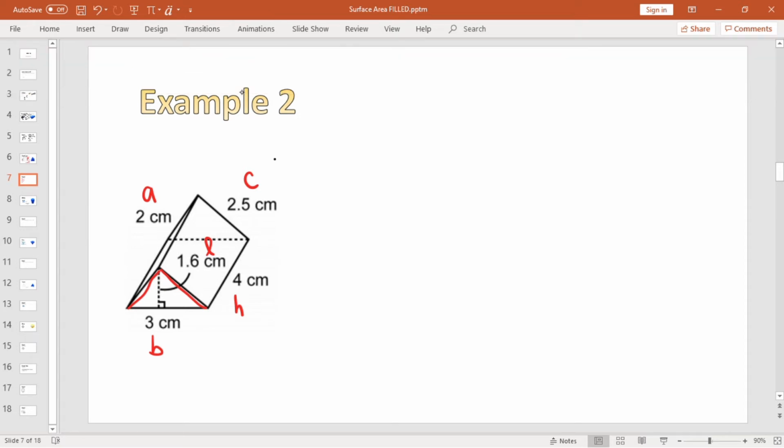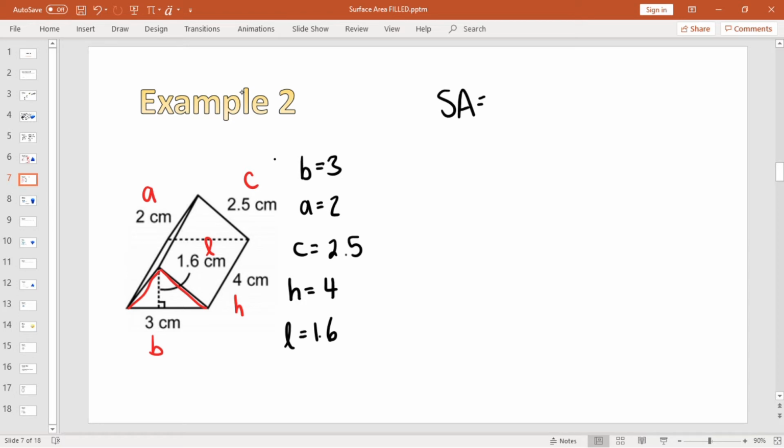So I have B equals 3, A equals 2, C equals 2.5, H equals 4, and L equals 1.6. My surface area formula is AH plus BH plus CH, the 3 rectangles, plus 2 triangles, which is just BL.